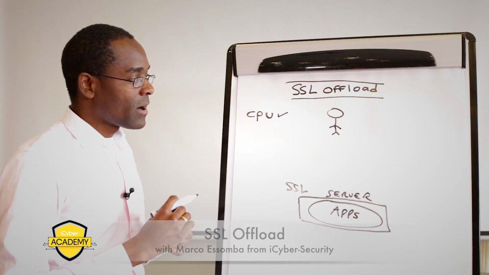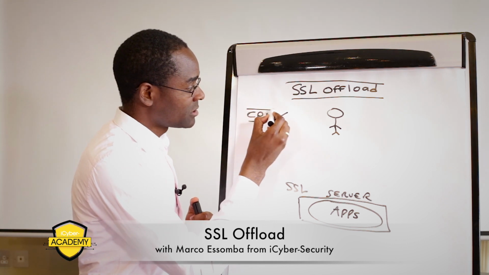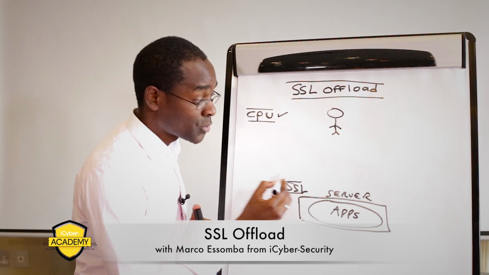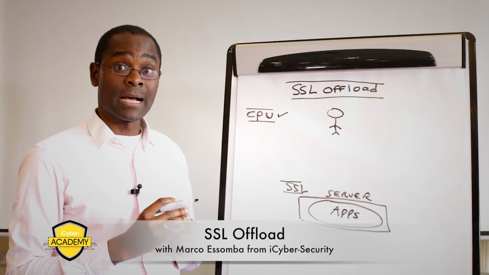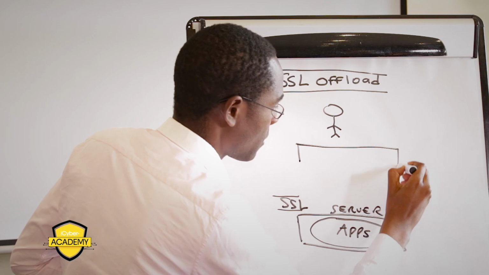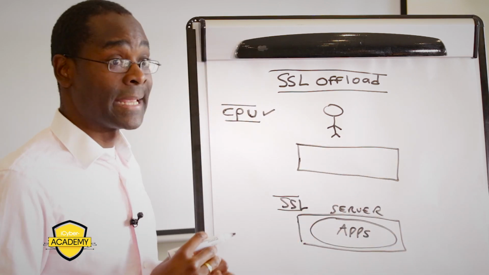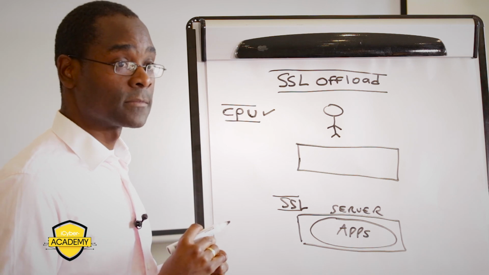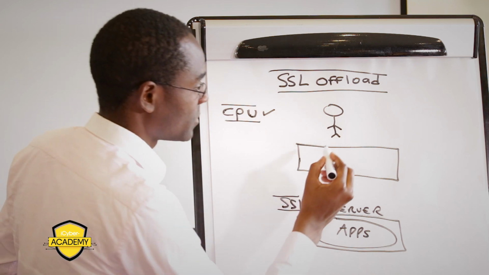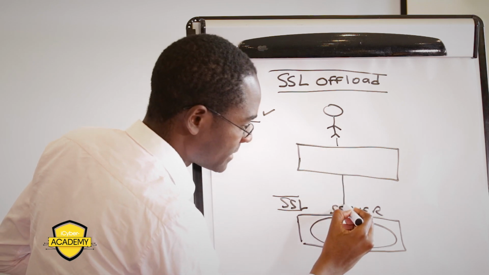So we need to find a way to offload this heavy crunching of SSL onto another device. That device is usually called my SSL offloader or my application delivery controller, and it's going to sit between the client and my backend system.